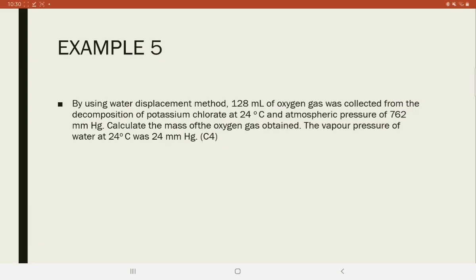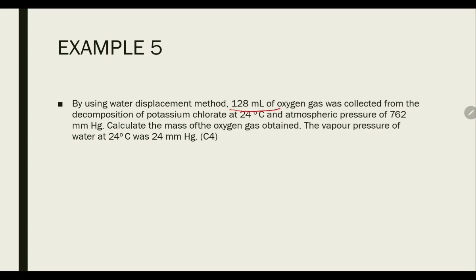Now let's apply the concept of Dalton's law in the water displacement method. Look at the question given here. By using the water displacement method, 128 ml of oxygen gas was collected from the decomposition of potassium chlorate at 24 degrees Celsius and atmospheric pressure of 762 millimeter mercury.